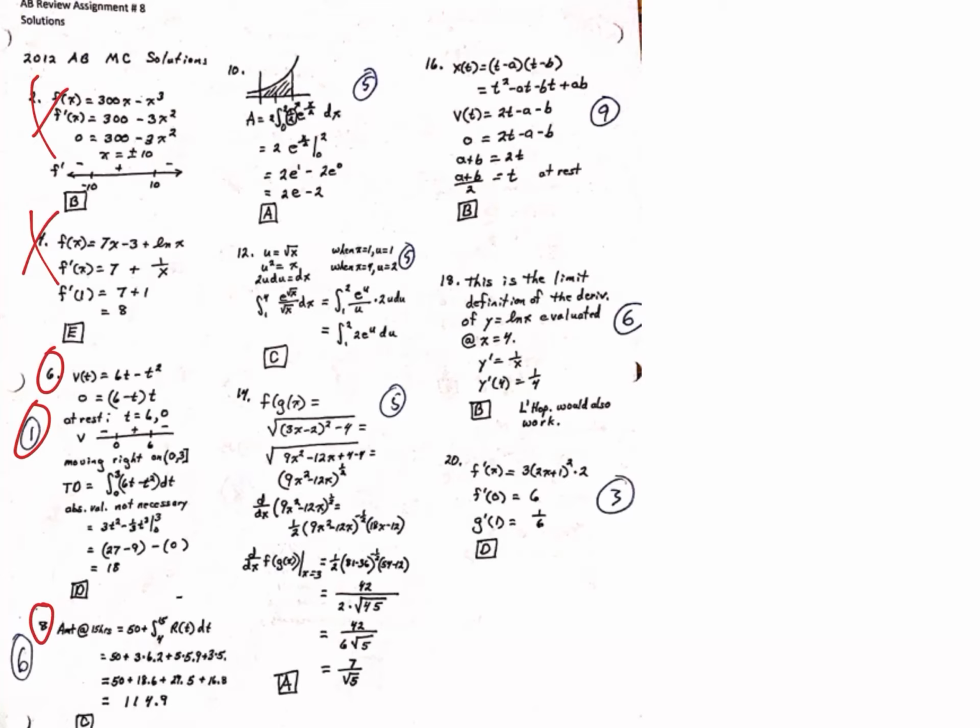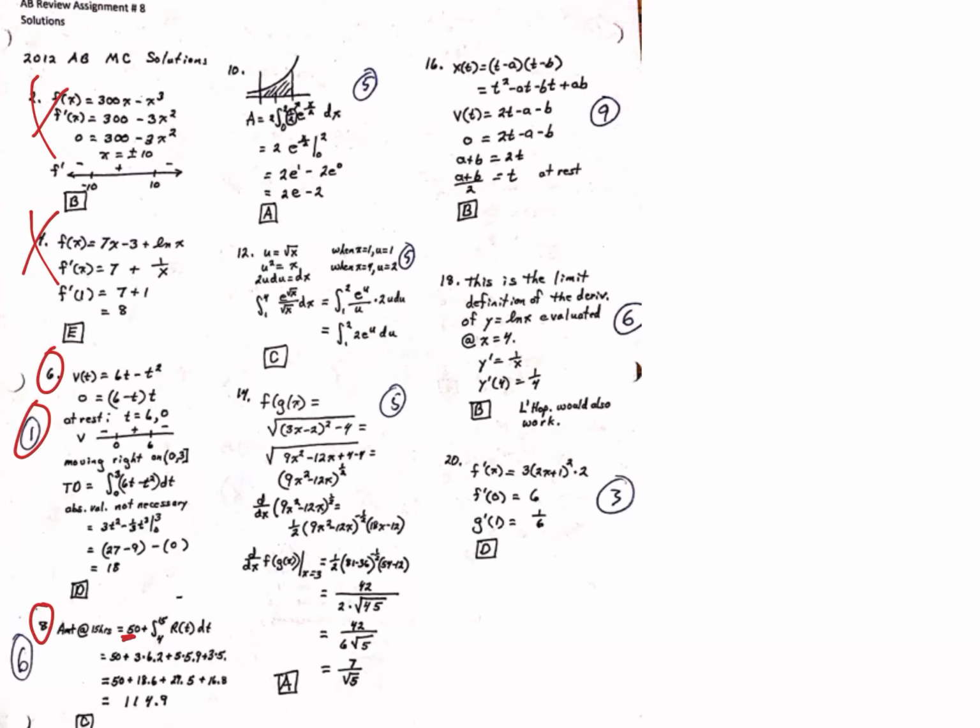Number 8 had 6 people asked. So this one asks you to use a right Riemann sum with 3 subintervals. That's a right RAM. So you just had to remember that the initial amount was 50, and then integrate from 4 to 15 using 3 subintervals.